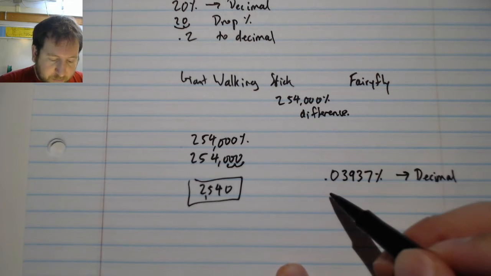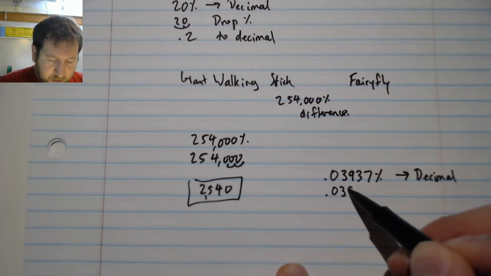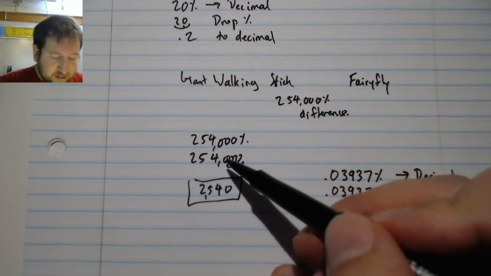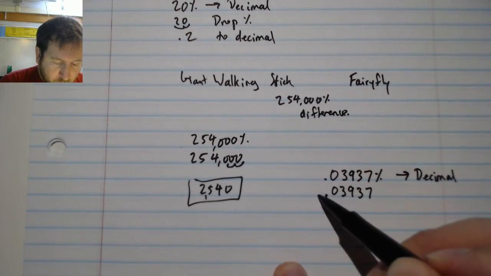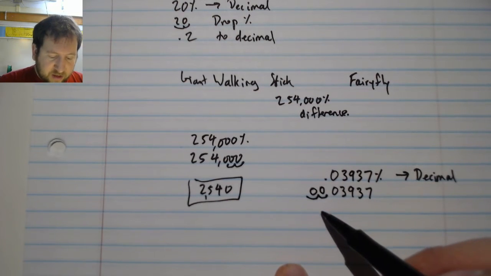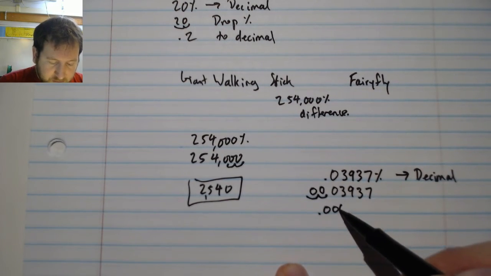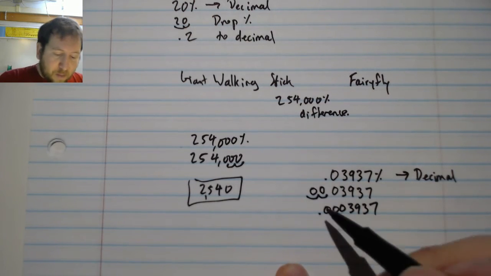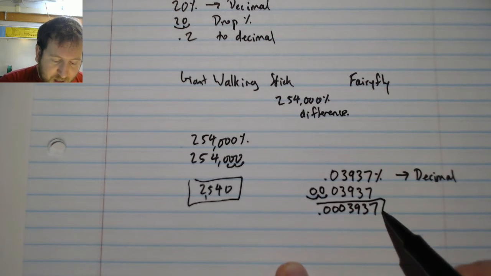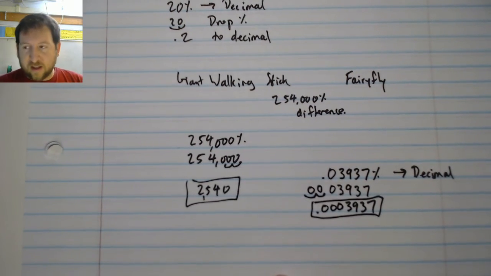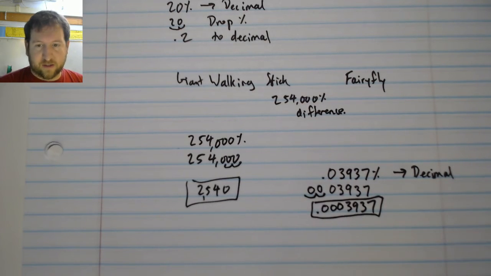We're going to drop the percent, 0.3937, and we're going to be moving the decimal point the same direction, 1, 2, which gives us 2 more zeros. So this time I have 0.0003937. And this is the decimal that I get after I turn this percent into a decimal. Because remember, I'm always moving the decimals this direction.